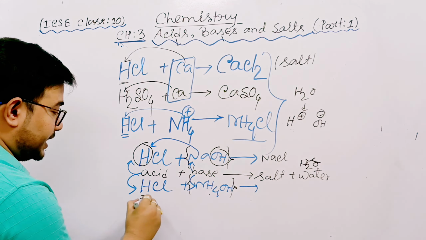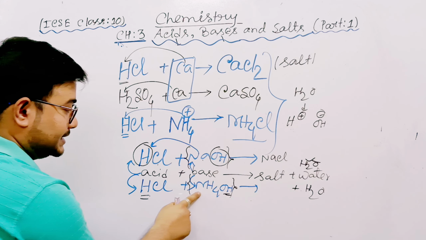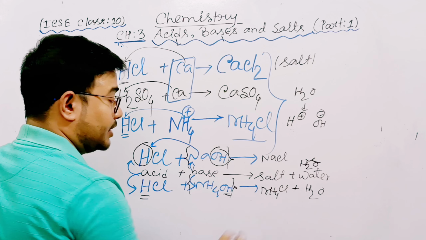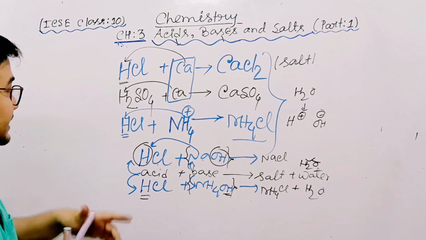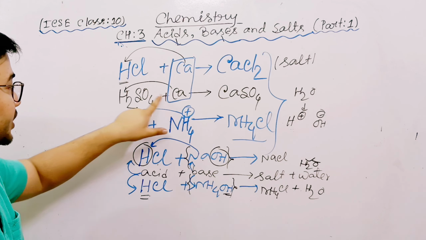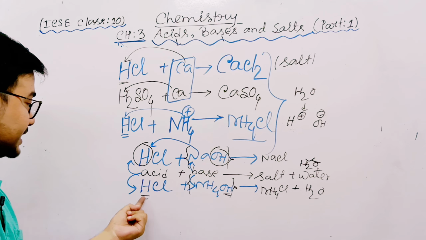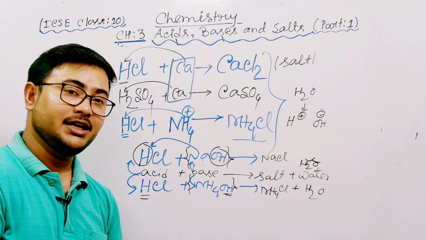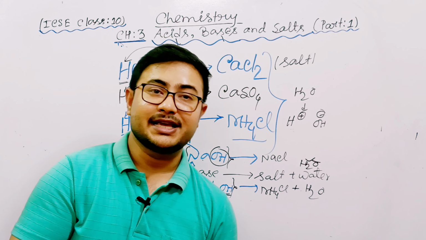So identify water, H and OH. So water plus what is left is NH4Cl. Now you can tell this definition with the help of the third part: when the ammonium ion replaces H, see, NH4 replaces this hydrogen, NH4Cl. Done. So this is the concept of acids, bases and salts.